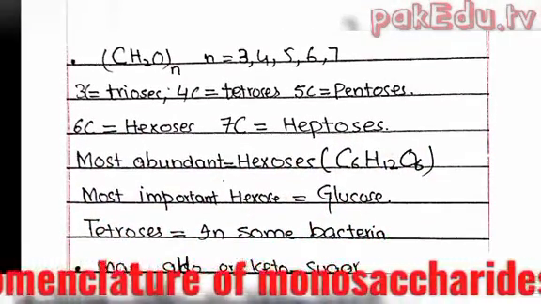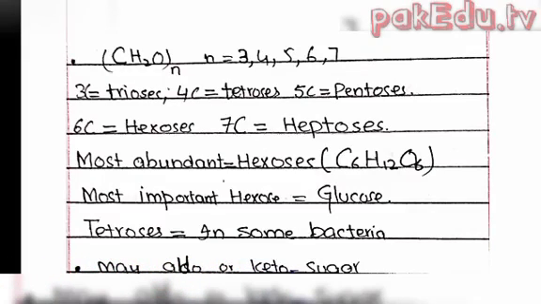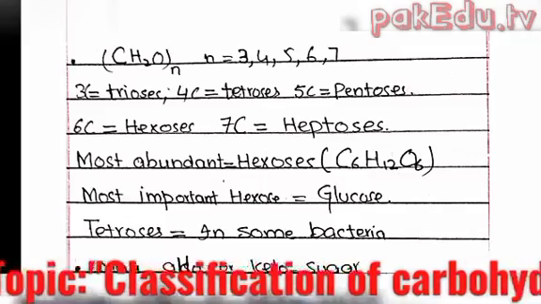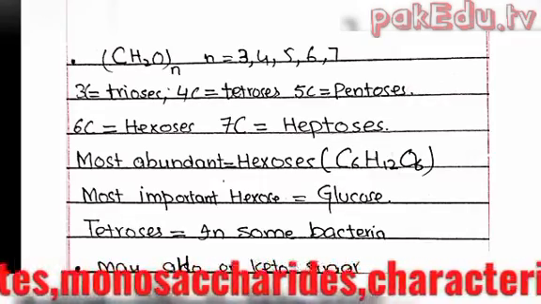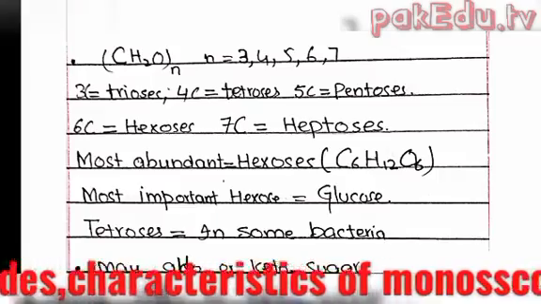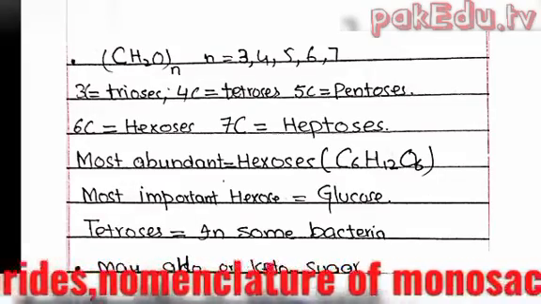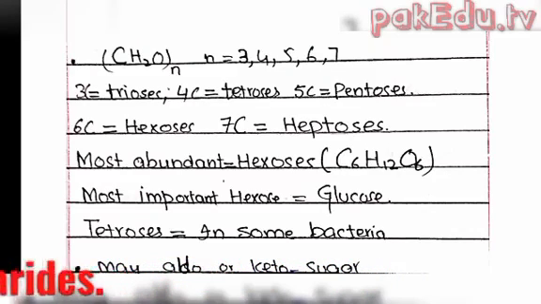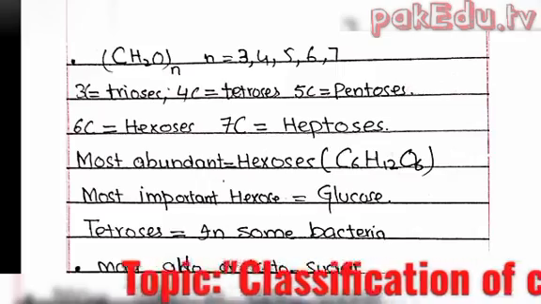The most abundant and the most important monosaccharides are hexoses, with 6 as the value of N. Among the hexoses, the most important hexose is glucose.